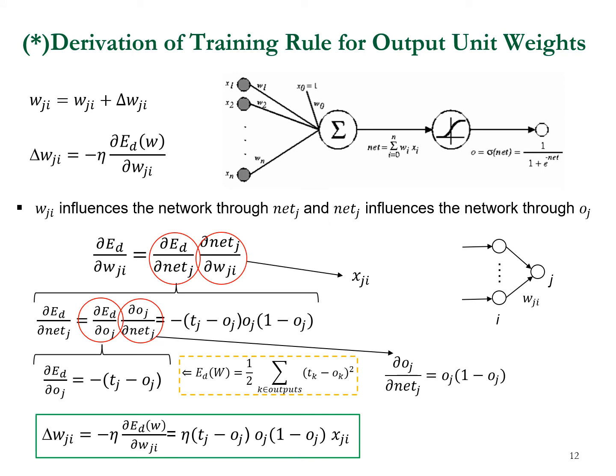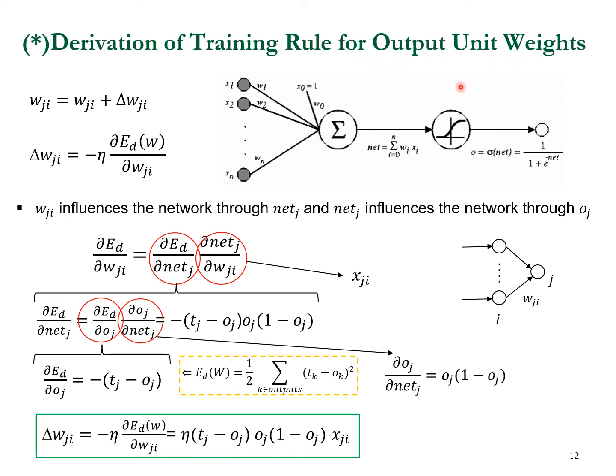In the pseudocode of the backpropagation algorithm, you can see a number of weight update rules. In this slide, we're going to explain how these weight update rules are derived using the gradient descent method. Again, backpropagation is based on gradient descent. We're going to explain the weight update rule for output unit weights first.